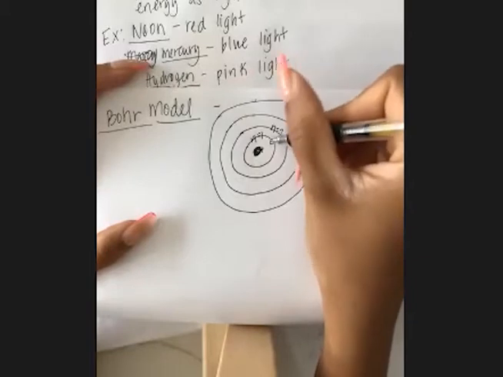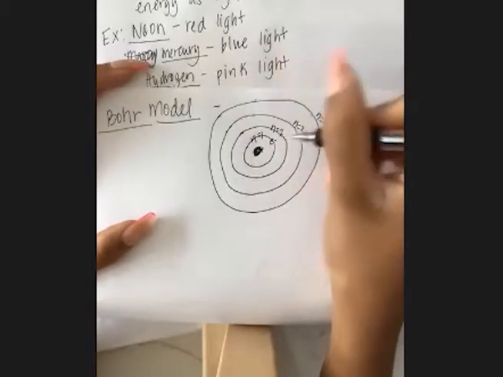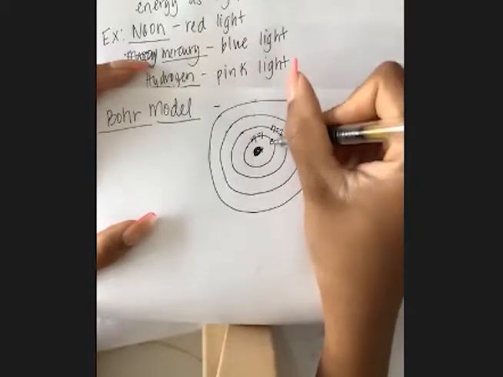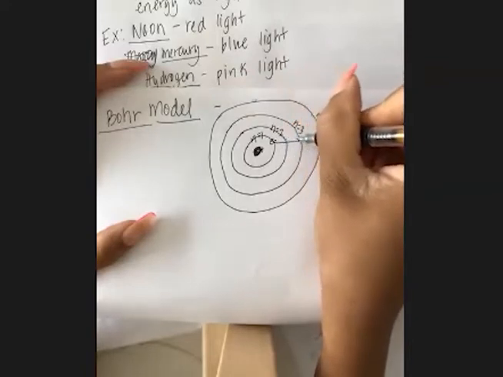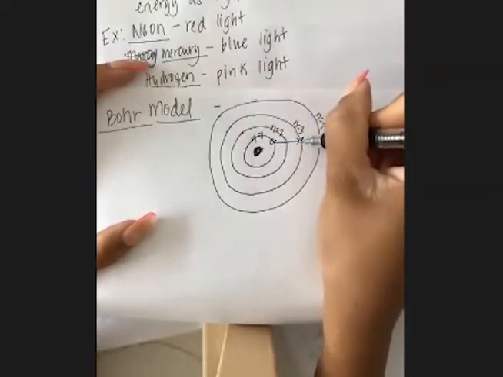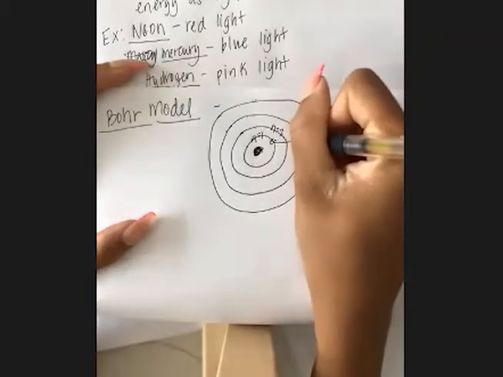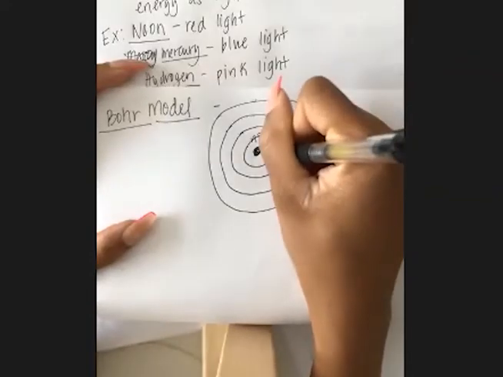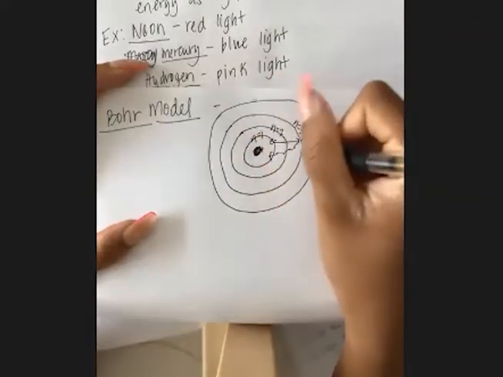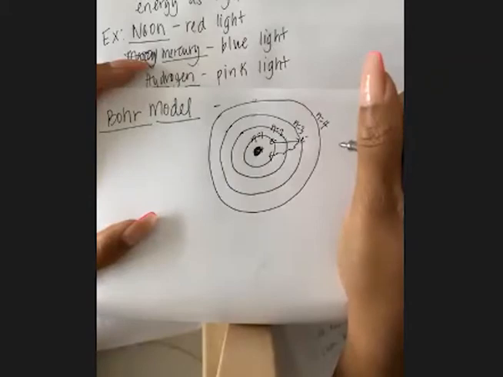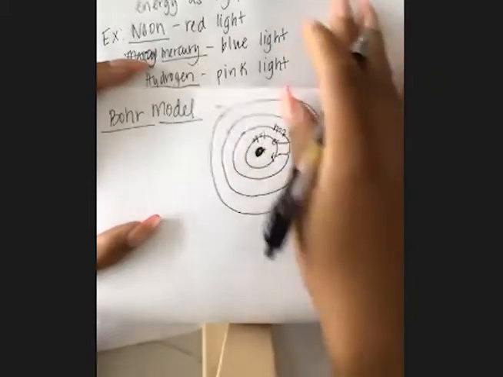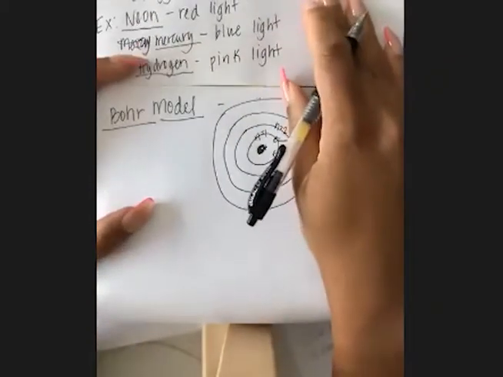Let's say I'm an electron and I get enough energy to jump from level 1 to level 3. What happens then is, instantaneously, the electron falls back down, and when it falls back down, it emits light. So that's how he described the emission.